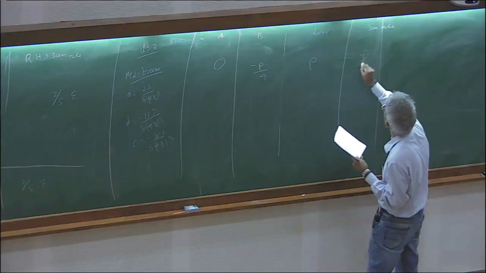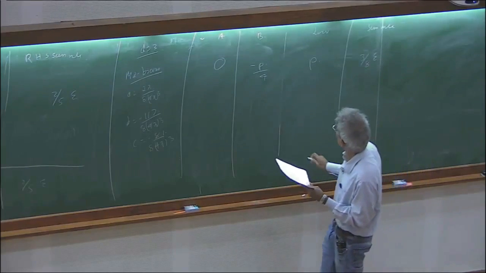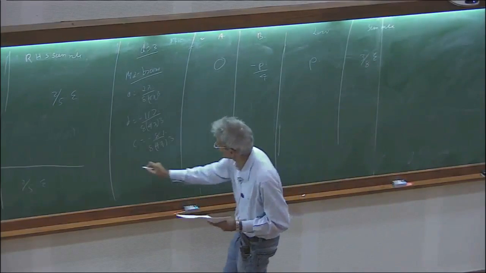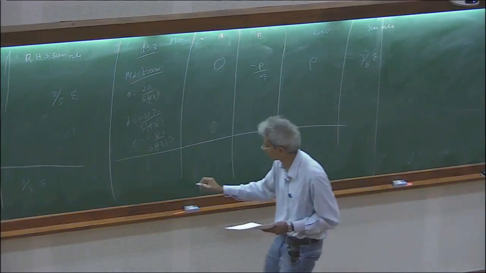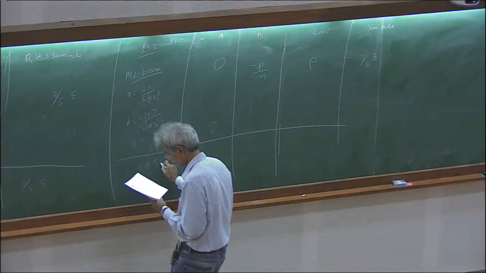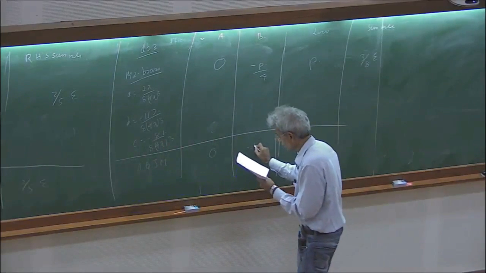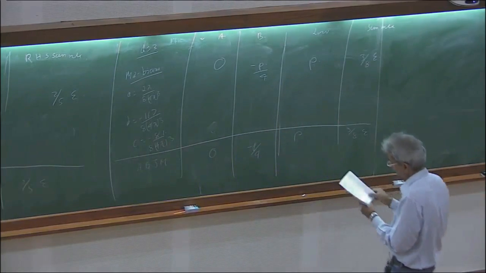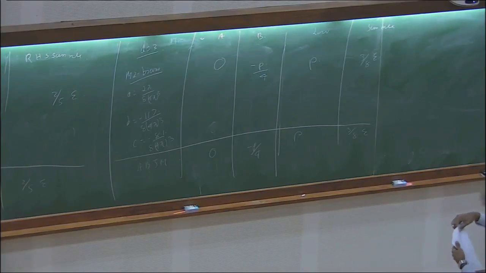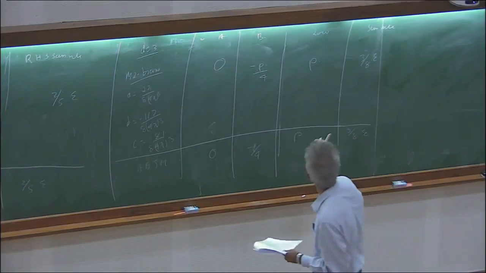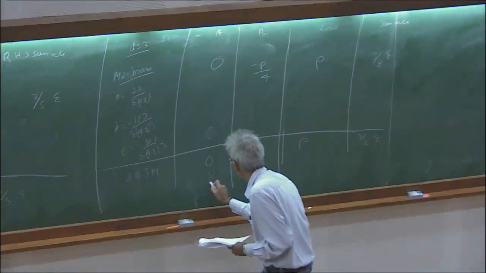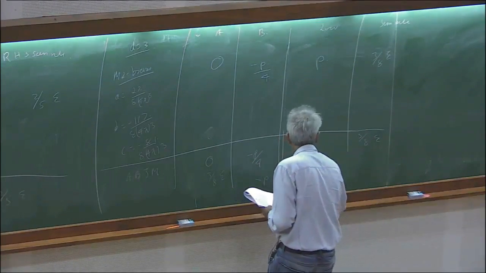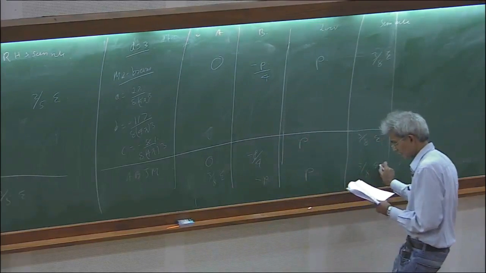And you get 3/8 epsilon here, and here. So ABJM, let me just classify all the favorite theories. ABJM is also the same: 0, minus P/4, P, 3/8 epsilon. And gravity, of course, behaves just like that there. Minus pressure, so finally, it's 3/8 epsilon.